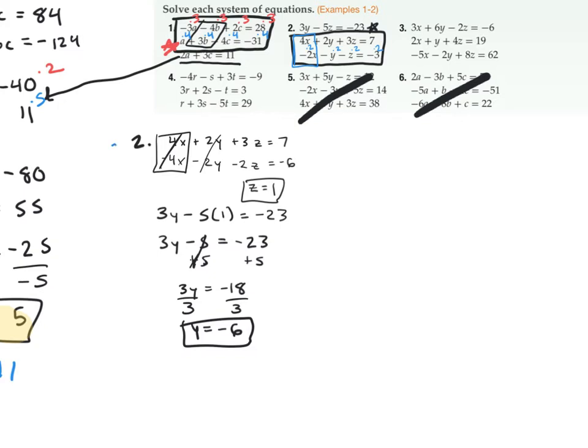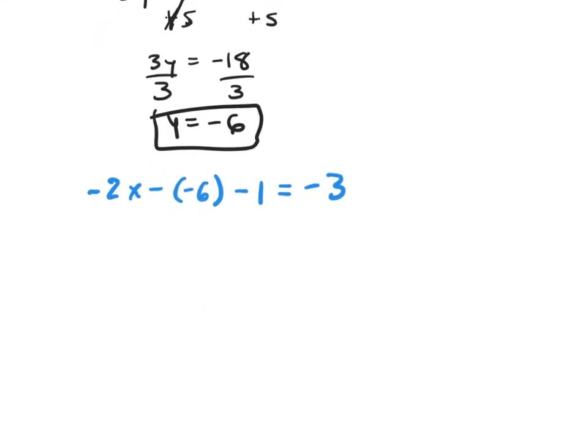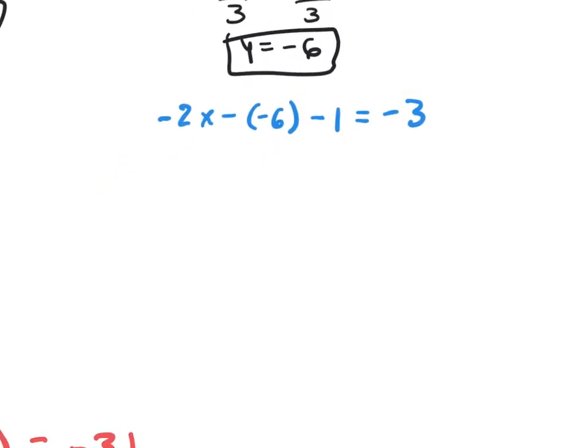Our numbers look smaller. So we have negative 2x minus negative 6. So we plug in negative 6 for y, minus 1 for z, and that's equal to negative 3. So how do we solve this? The 6 becomes positive, so this is negative 2x plus 6 minus 1 is equal to negative 3.